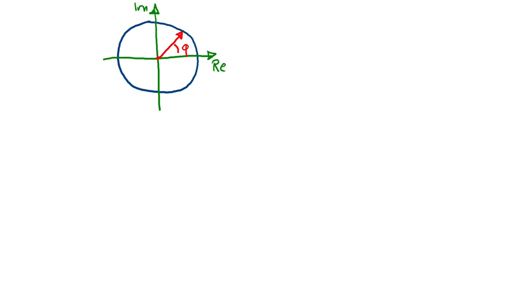And now what is the cosine? The cosine is the projection of this arrow on the real axis. So this one is the cosine. And remember back to our mathematical representation, there was the amplitude, and then there was the cosine function, the angular frequency multiplied by the time.